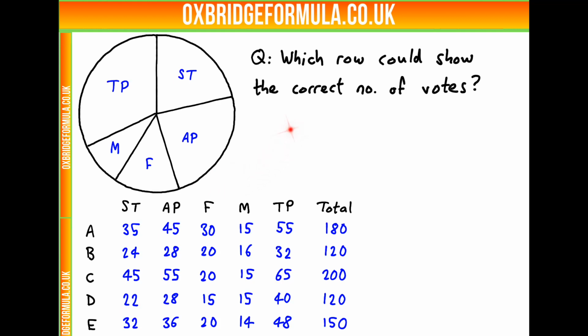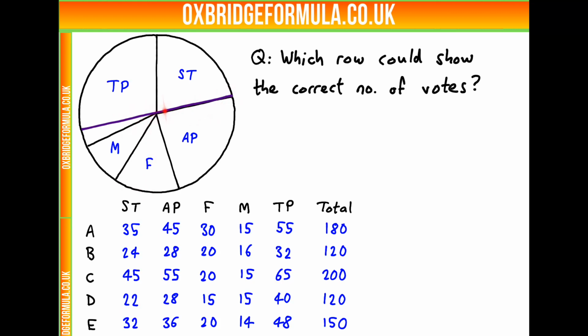Well, our eyes naturally are able to recognize right angles and straight lines, and it looks like the adventure playground section is roughly 90 degrees. This is quite a recognizable angle. And to make this a bit clearer, maybe we could extend this line across the whole way.